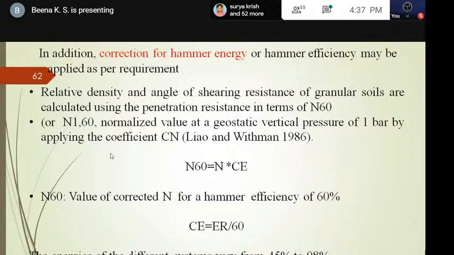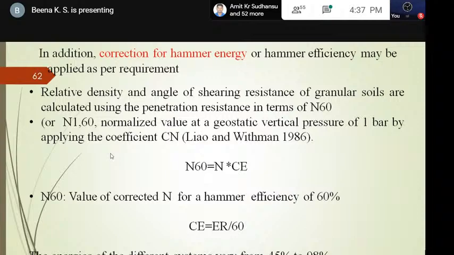In addition to these corrections, that is the correction for dilatancy and for overburden pressure, as I said, there are so many losses coming during the SPT process, such as hammer blowing. So a correction for hammer energy or efficiency of the hammer is also required.